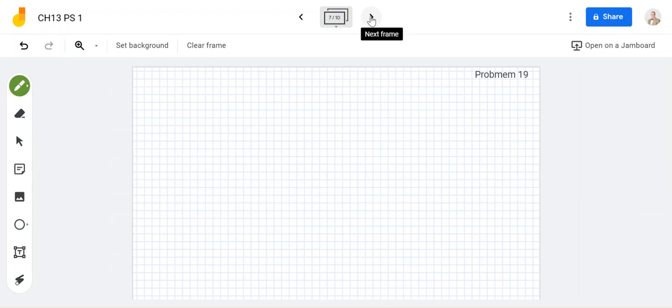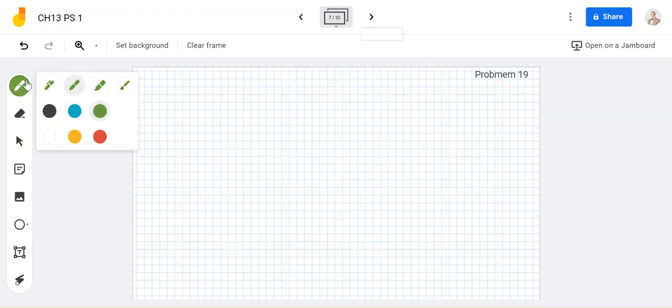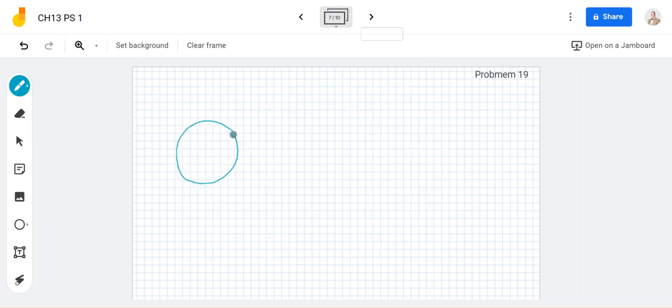All right, Problem 19. At what altitude above the Earth's surface would the gravitational acceleration be 4.9 meters per second squared? It's a great question. So if I think about the Earth, we know that at the surface, the g value is, now I'm going to call it 9.8 meters per second squared.